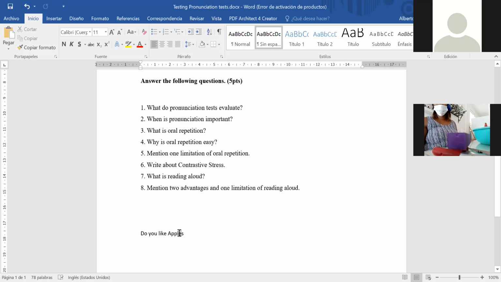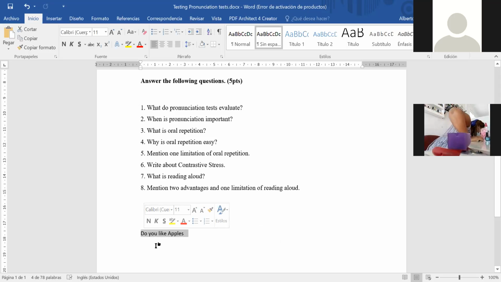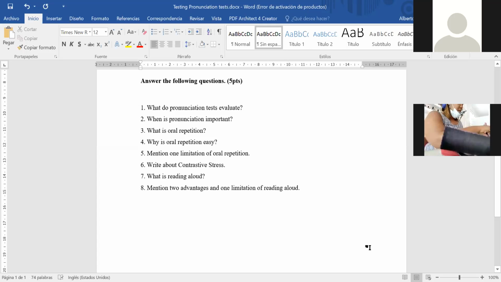There is only a slight variation of the sound. So pronunciation is only important when what you say creates confusion in the person who is listening to you.